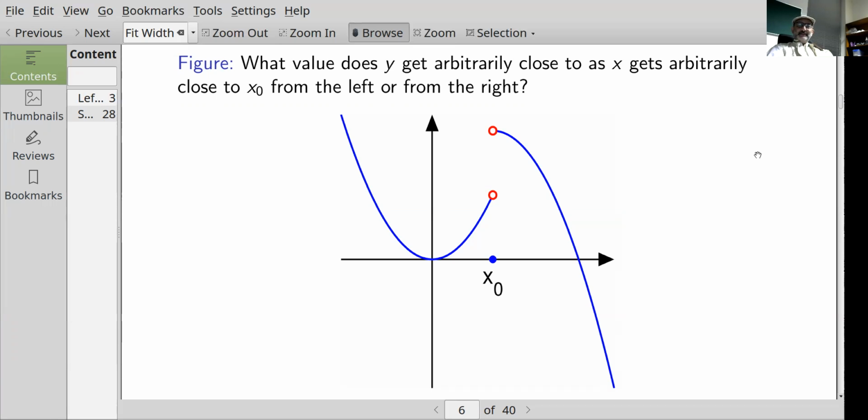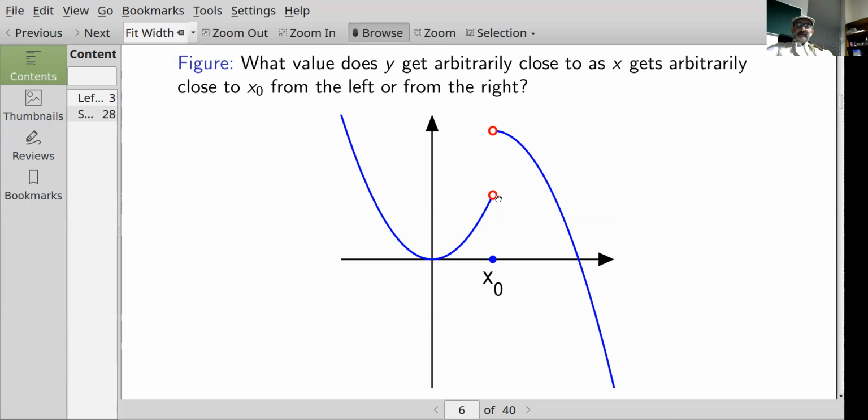If you were considering an interval from x naught minus delta to x naught, excluding x naught, so numbers to the left of x naught, and I asked what's the limit of the function, you follow the graph along, and the height of this lower red circle would seem to be the limit at x naught for this function. The actual function value is 0, and the limit value is the height of this lower red circle.